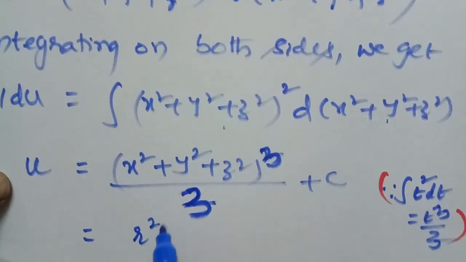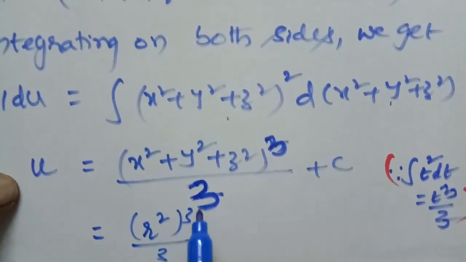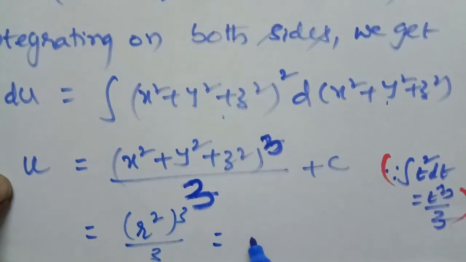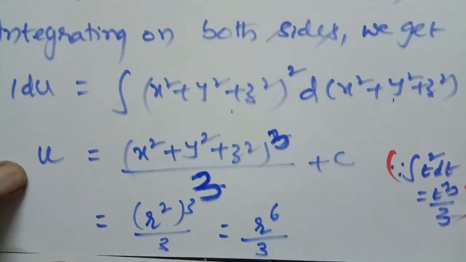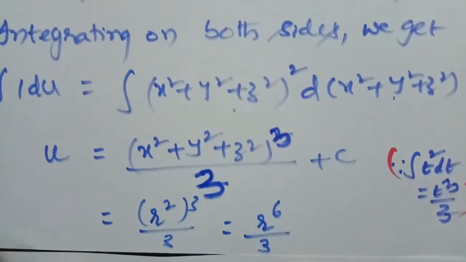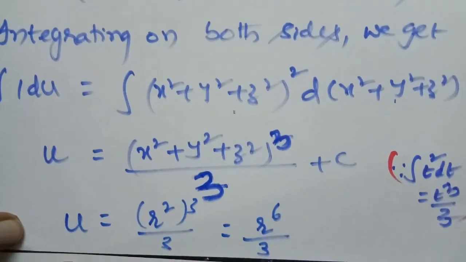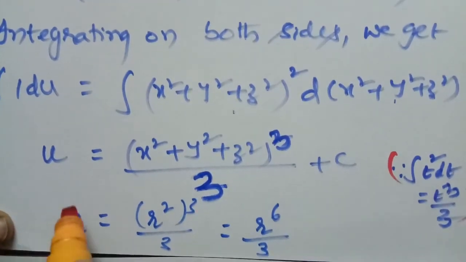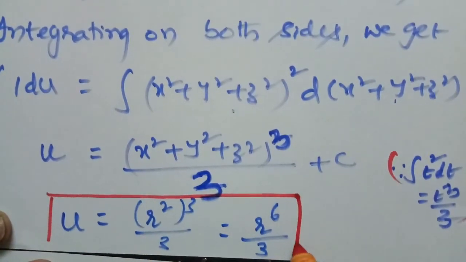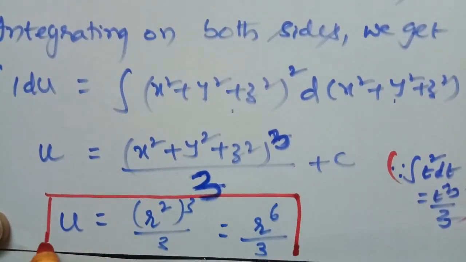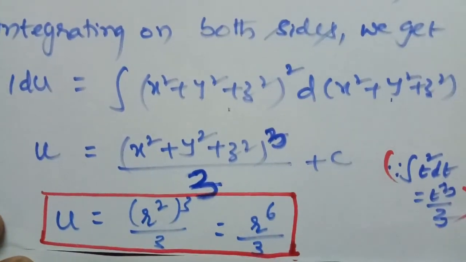So (r²)³ by 3 is equal to r to the power of 6 by 3. Therefore, u is equal to r to the power of 6 by 3.